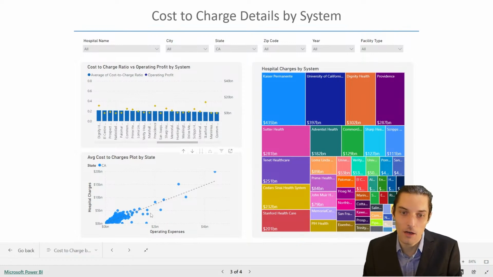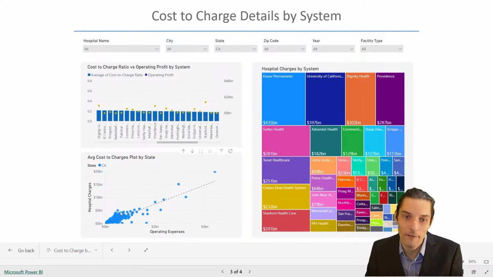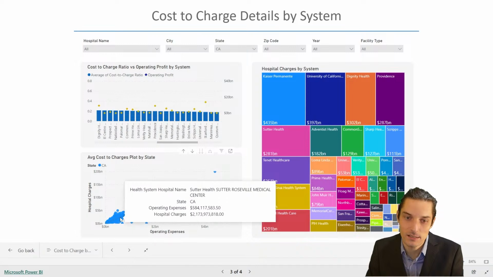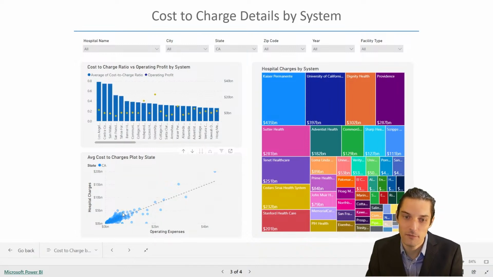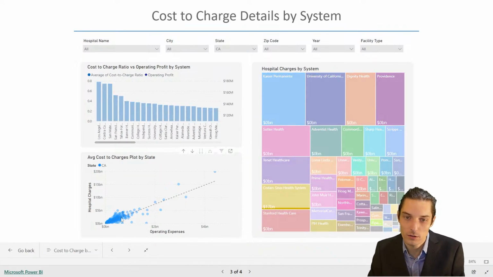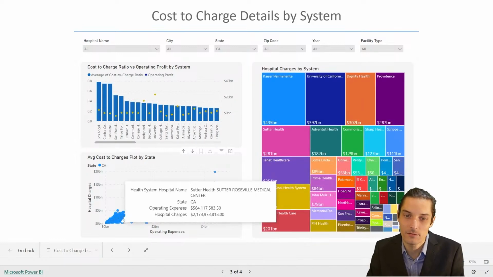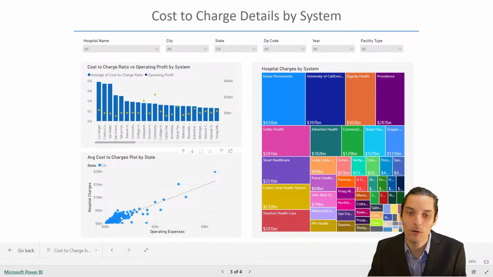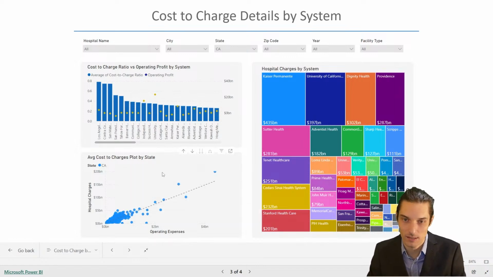The same goes on this line here. And so if you are looking at cost of charges by state, then specific systems and hospitals will charge a lot more. And so then on a plot basis, you can kind of see where the outliers are and what hospital systems have higher cost of charge ratios than others.